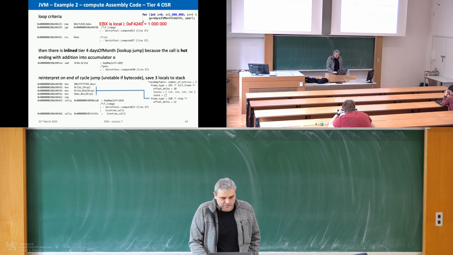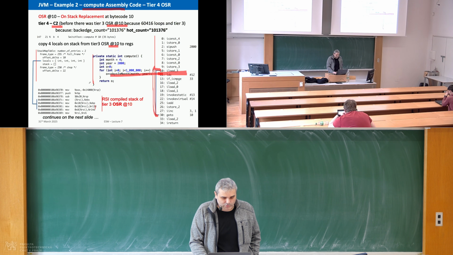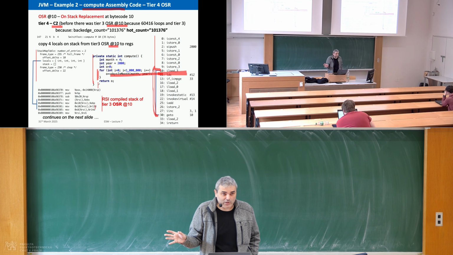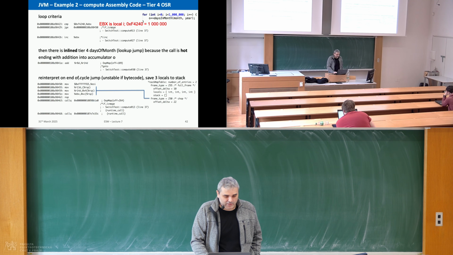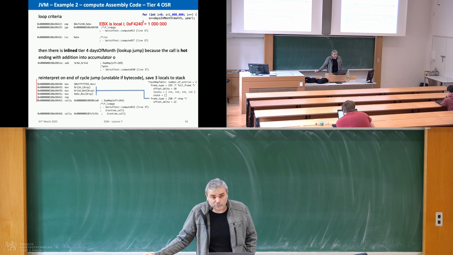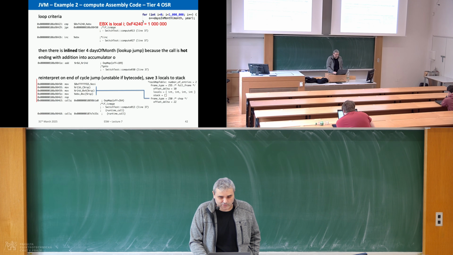So you can see testing, call of the methods, and at the end, because we are replacing just this piece of the code, just the cycle, not the end of the method, because we don't know anything about that yet, at the end of this we are reinterpreting back to the interpreted mode, or to C3 in our example, C1 compiled to level 3, and execute the rest of the method in the previous compiled version.